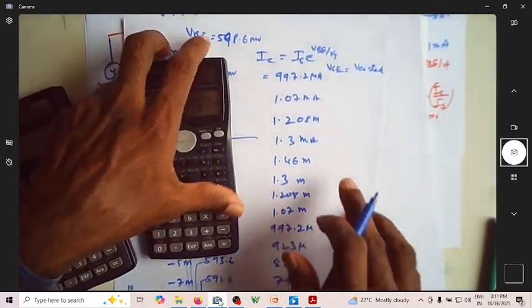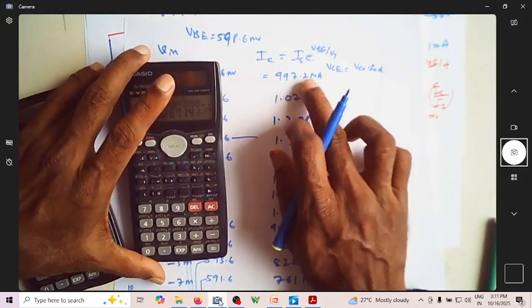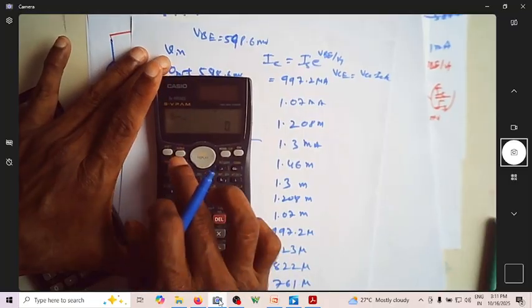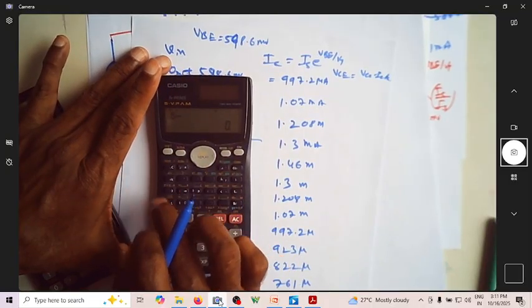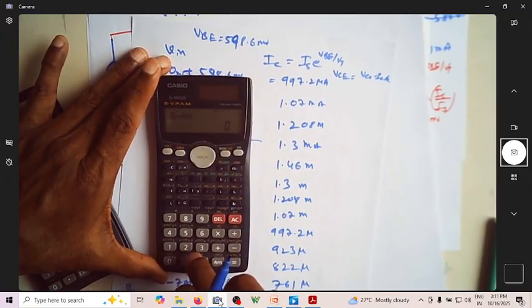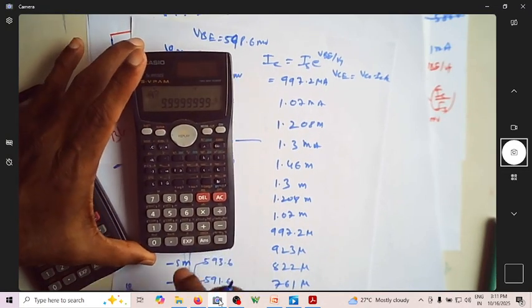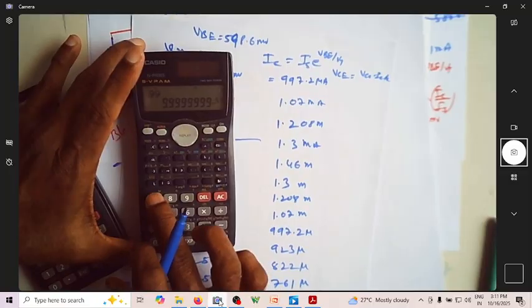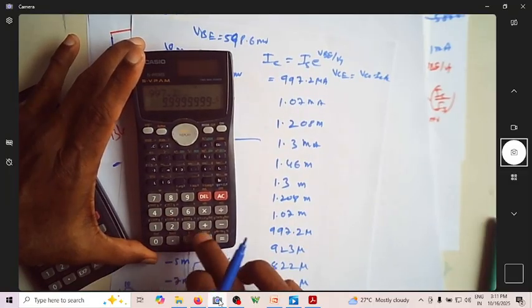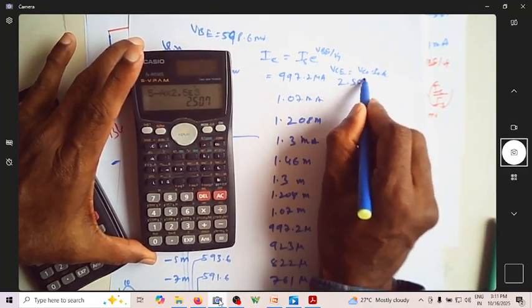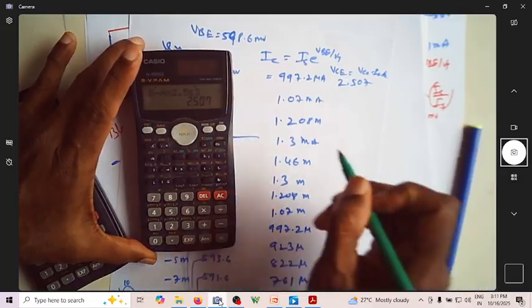Now let me find out what the VCE will be for this. VCE, I know, is 5 minus IC into 2.5k. Let me calculate for 997.2 microampere. Now this is 2.507 volt, that is VCE.